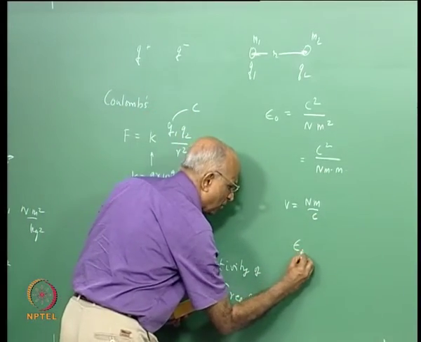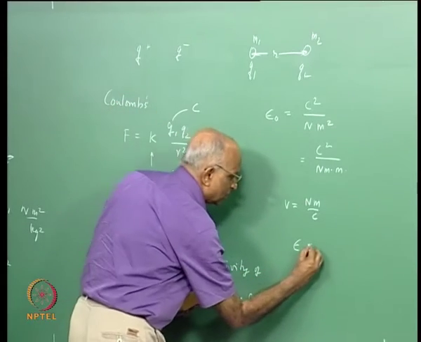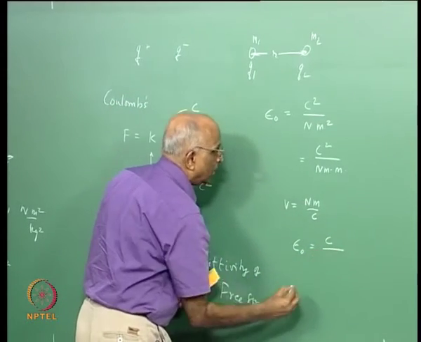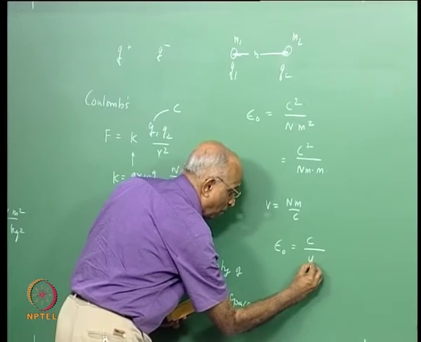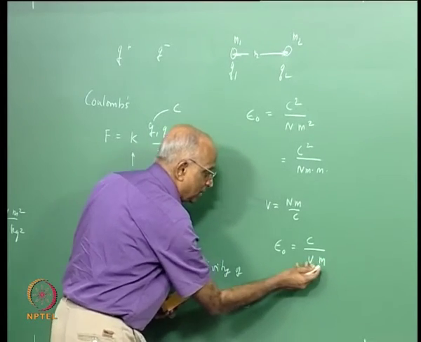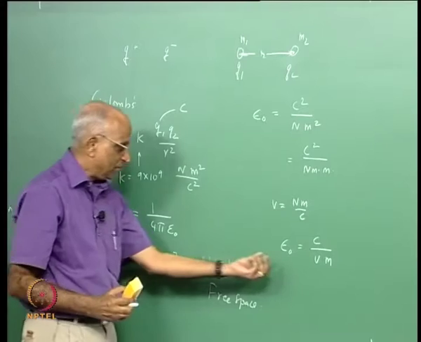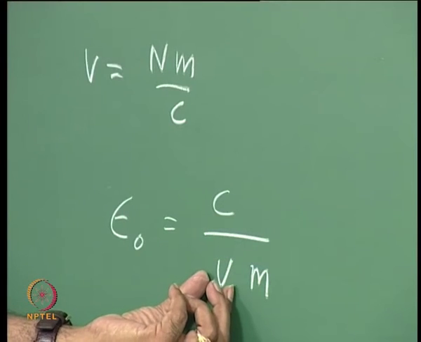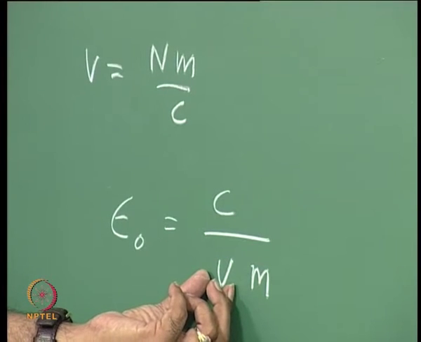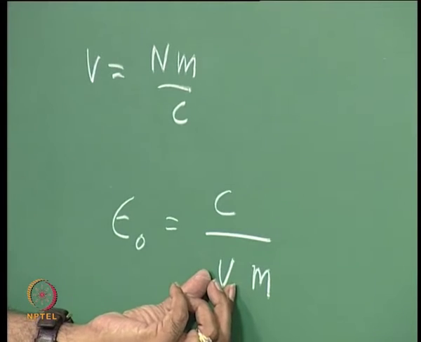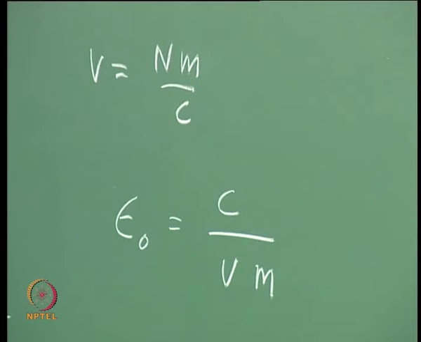And therefore, I can write this equation: epsilon 0, permittivity of free space, as equal to Coulomb divided by work, that is, by voltage into voltage. Volts is the potential difference, and that is the work done in taking unit charge from a smaller potential to a higher potential, which is V volts higher.